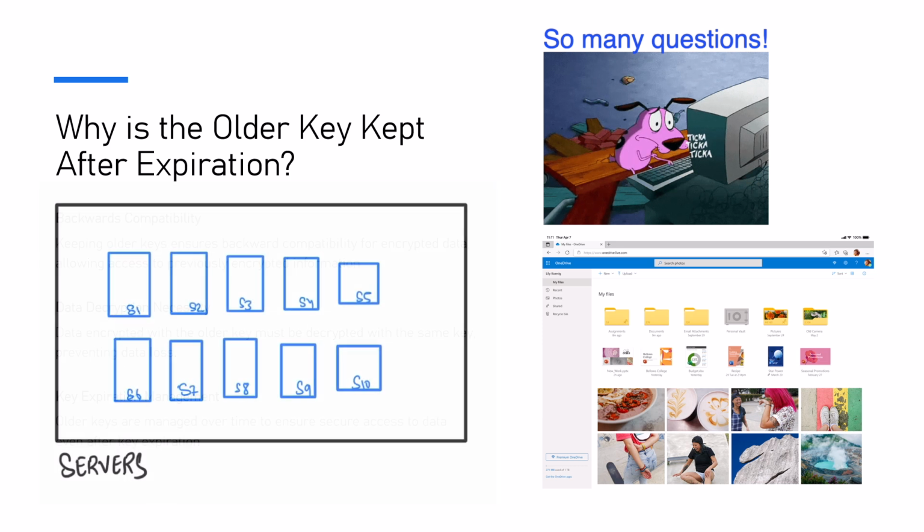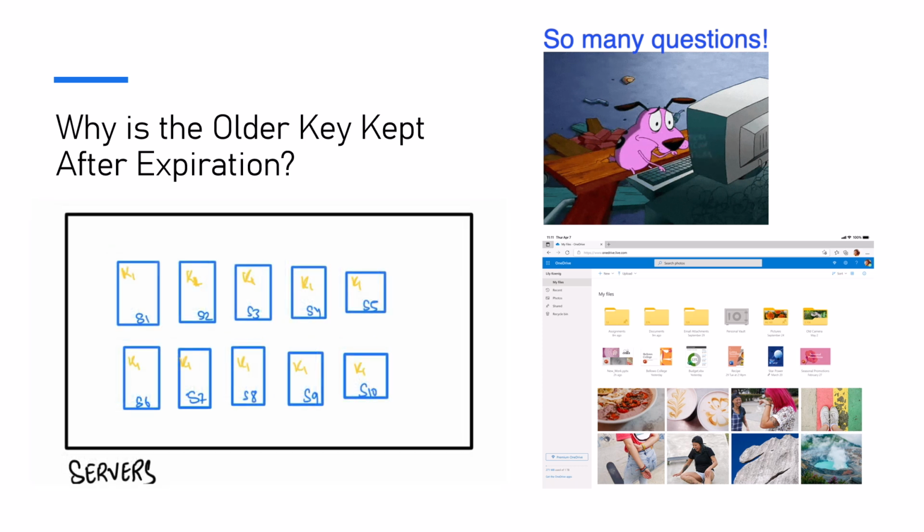Let's say we have 10 servers and all 10 of them have the same key, and now that key has expired. Remember, all the servers still continue to have that key in their cache, and they communicate with the storage account and key vault and get the new key only when the server restarts. Now, at any point, for whatever reason, a certain server just performs a restart.